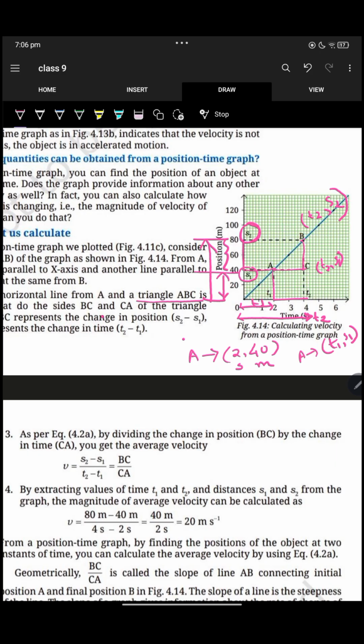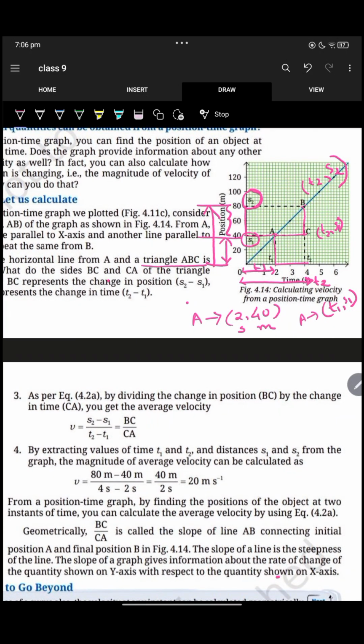Here, as per the plot and as per the equation of the average velocity, velocity is distance by time. So this is equal to S2 minus S1 by T2 minus T1, and from the plot, S2 minus S1 is BC, and CA is T2 minus T1.